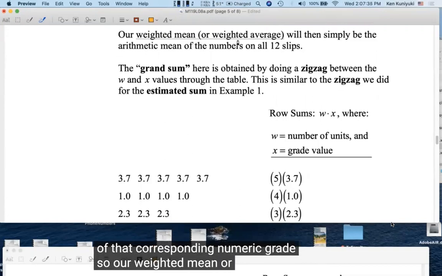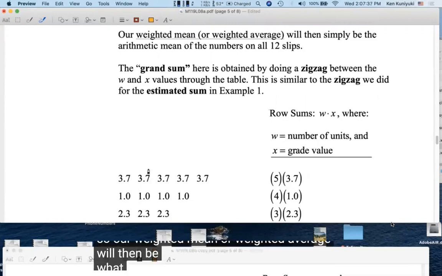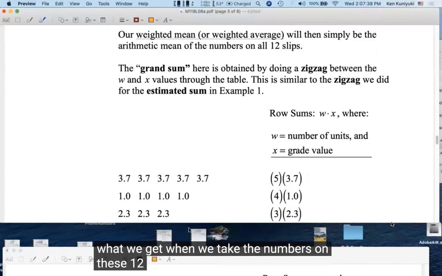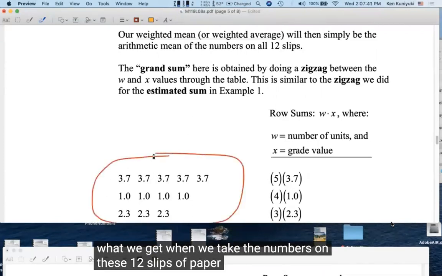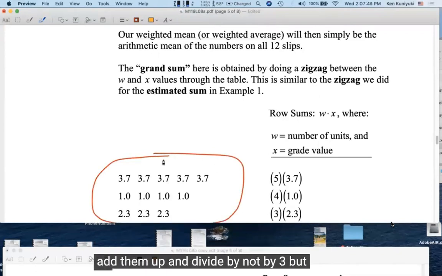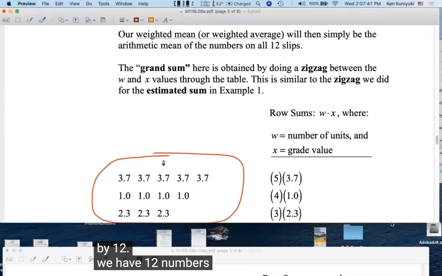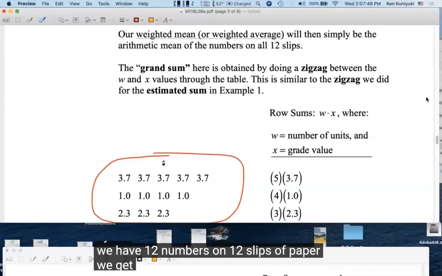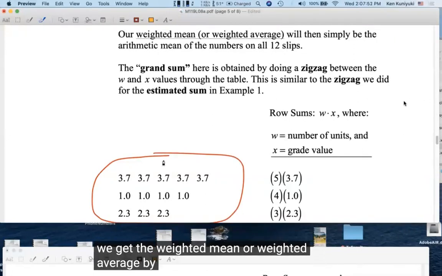So our weighted mean, or weighted average, will be what we get when we take the numbers on these 12 slips of paper, add them up, and divide by, not by 3, but by 12. We have 12 numbers on 12 slips of paper. We get the weighted mean by adding up the 12 numbers and dividing by 12.